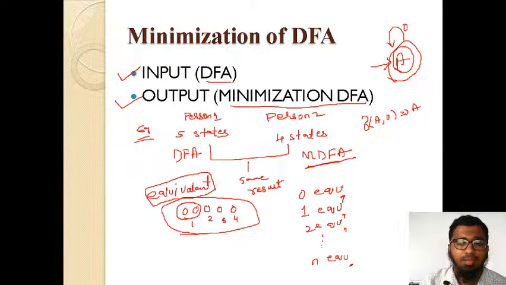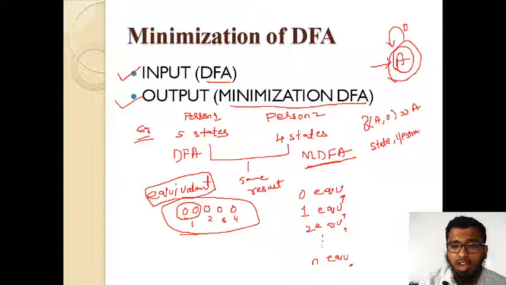This is a transition function: state, comma, input string, and then we get the next state. This is the formula we used here.